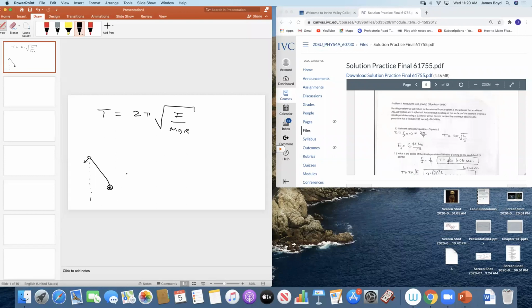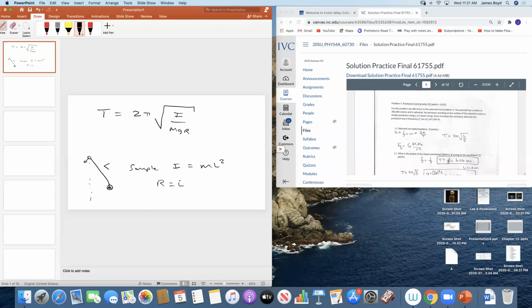If this were a simple pendulum, then I is m times L squared. That's the moment of inertia of a point mass. It's just mr squared. And L or R is the distance from the point that it's rotating at to the mass, right? And then R is something that we call the radius of gyration, and that's the distance from the axis of rotation to the mass.